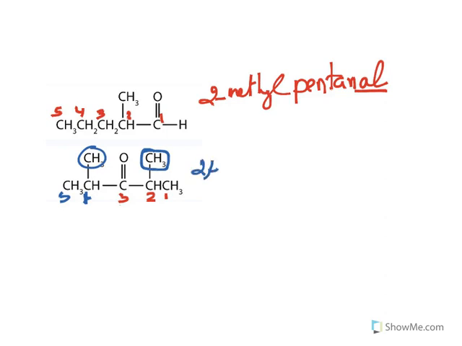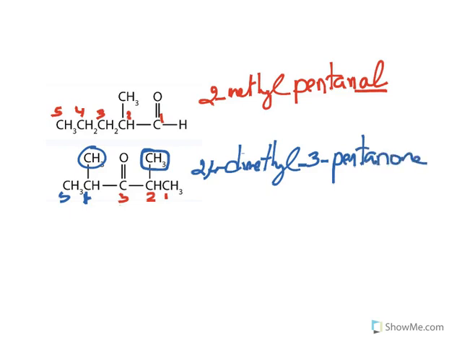So we say 2,4-dimethyl. This is pentanone, and the C=O, the functional group, is on the third carbon. So 3-pentanone. Thank you for listening.